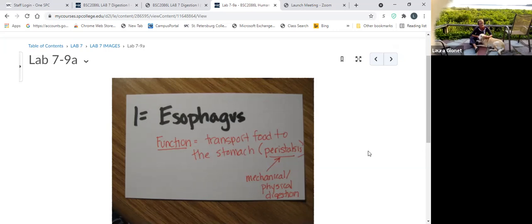Peristalsis is the coordinated contraction of muscle along this entire tube system, where the circular muscle contracts behind some food you're trying to swallow. So you start pushing it down to the stomach, and distal to that quantity of food, the longitudinal muscle contracts and pops open the tube, so that when the circular muscle contracts behind it, there's no resistance ahead of the food to keep it from moving down the tube.